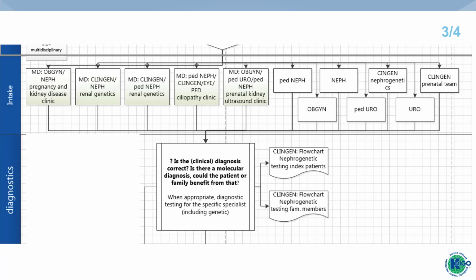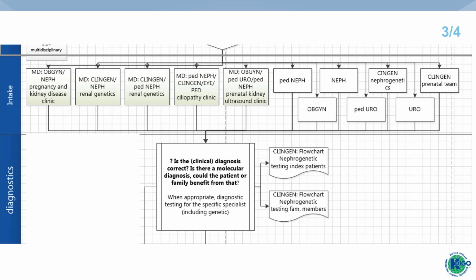Sometimes we need one of our multidisciplinary meetings to discuss the best place for a patient, because we have several. The colored clinics are the multidisciplinary clinics we have available. So there's a multidisciplinary clinic for pregnancy and kidney disease.